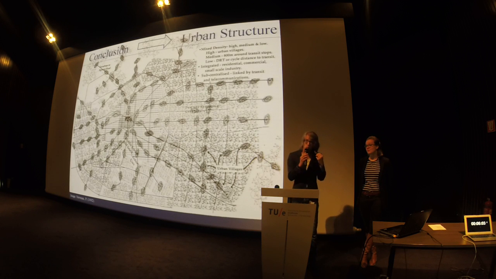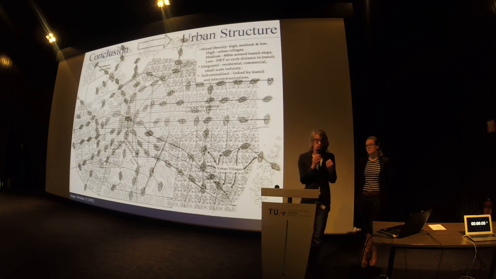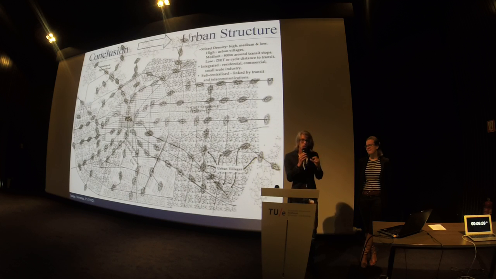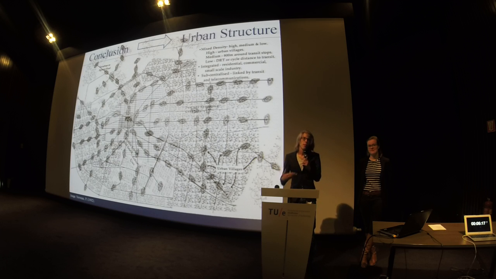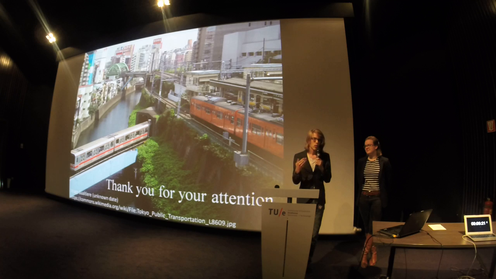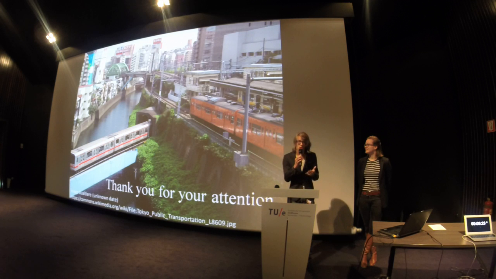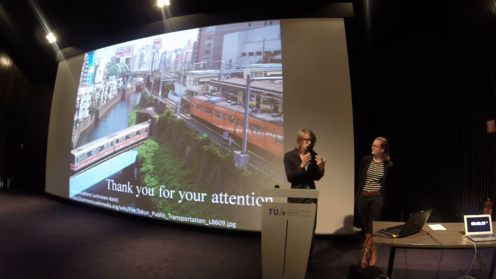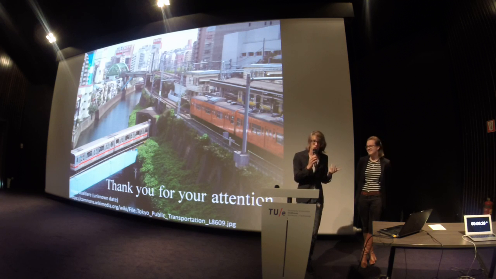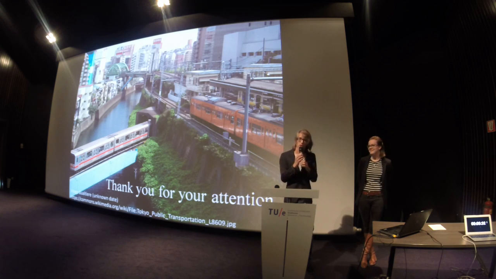If we talk about what is a good configuration for a city, we came to the conclusion that clusters of high density urban tissue around the transport modes is very important, because this again makes the transport hubs more accessible. I want to conclude the presentation with a slide of how we think which is a good solution of urban transport. We'd like to thank you for your attention.